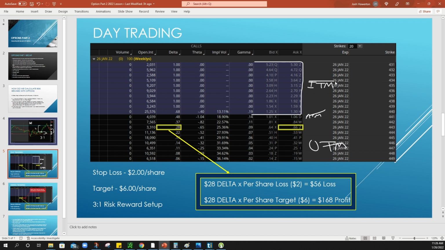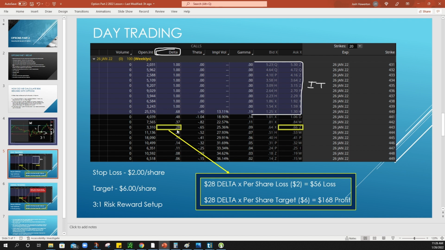Who cares? That does not matter. What matters is how much am I going to lose? How much am I going to make for every dollar the stock moves? How do I determine that dollar amount? I have to look at the delta. The delta is what's going to determine my profit and loss.